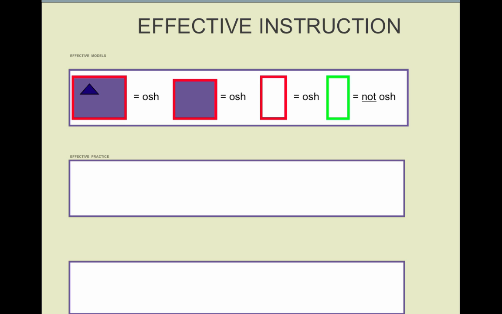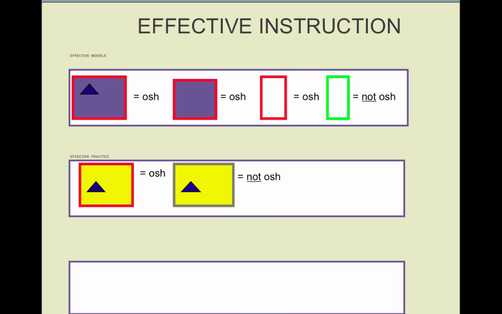Okay, now you try it again. Is this Osh? Yes, this is Osh. How about this one? This is not Osh. And this one? Yes, this is Osh.